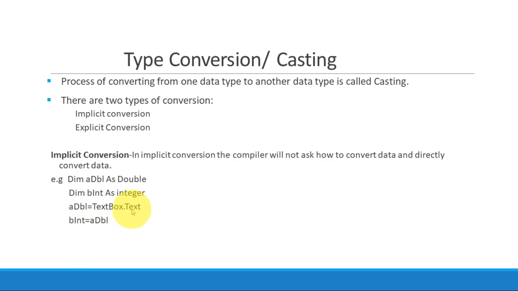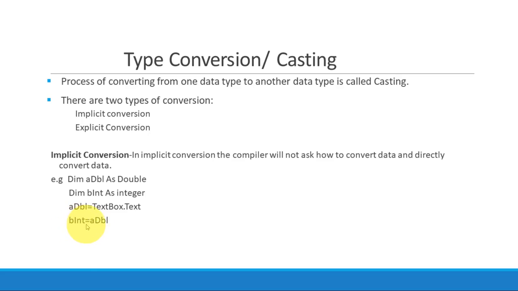Say I take the value 10.33 in the textbox. The double variable will take the value 10.33, but when it is assigned to BInt, which is of integer type, it will not accept the decimal points, so it will round the value 10.33 to 10 since the fraction is less than .50.